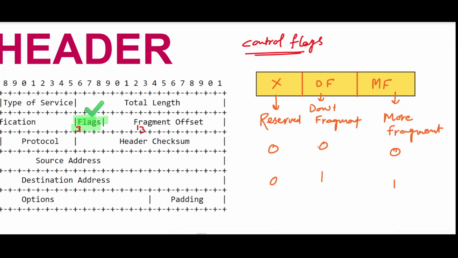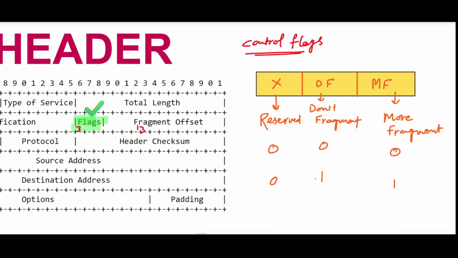So DF equal to 0, just think about this. This is a negative term, and in a negative term, if we use 0, we are providing a positive attitude. That means if DF equals 0, there are fragments available, there is availability for fragments.